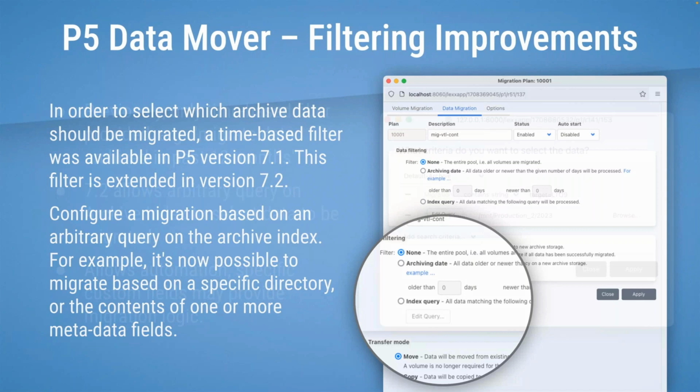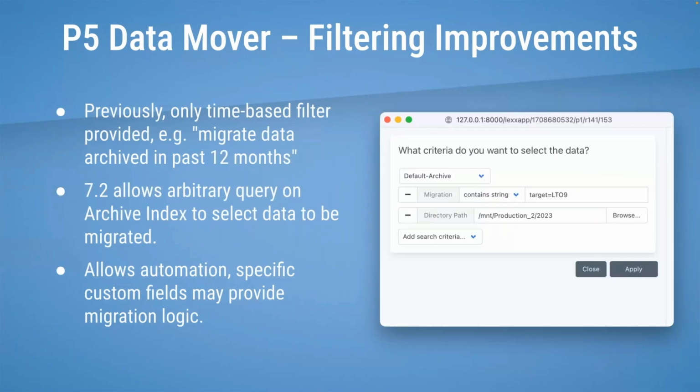So when you're designing that filter, we have an example here where we're migrating data. We have a metadata field called migration. So this is a field that we've added to our archive index, and then we're matching on some text. So we could have a migration field that we set when we're archiving, so that we can choose what we want to archive, what we want to migrate later on.